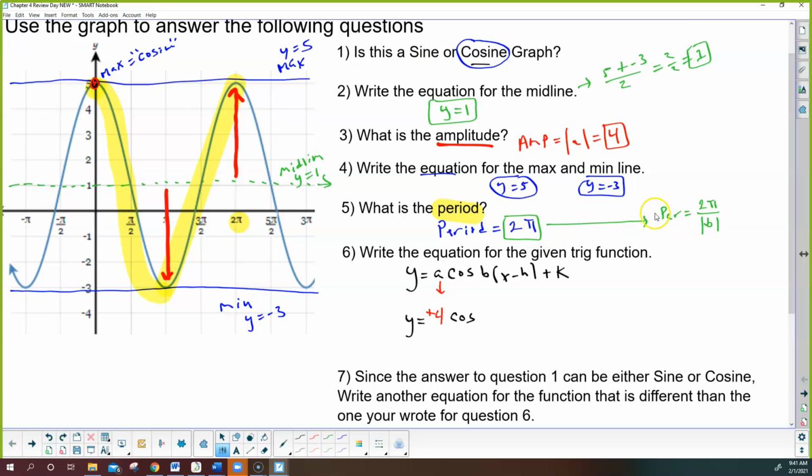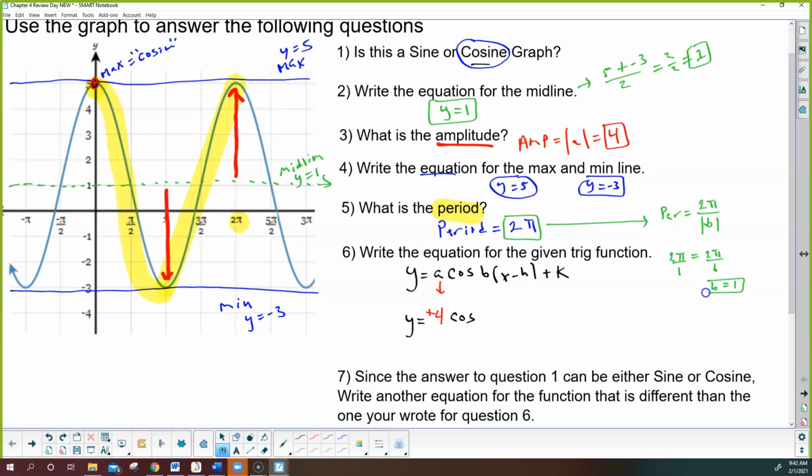Well, if the period is equal to 2 pi, I'm going to put 2 pi right here. It says 2 pi equals 2 pi over b. Now, since this doesn't deal with any negatives, I know my answer is going to be positive, so I'm okay removing the absolute value. Well, you can cross multiply and divide, or you can see that 2 pi over 1, the only way I'm going to get 2 pi over here is if b is equal to 1.